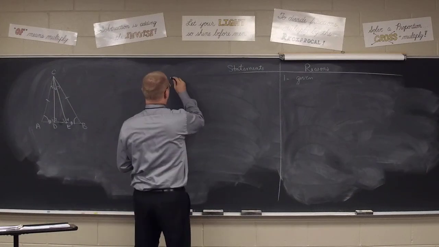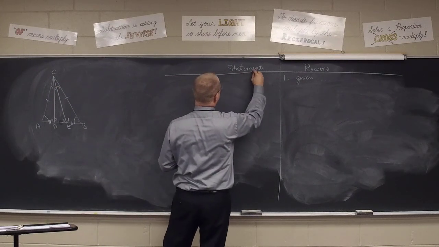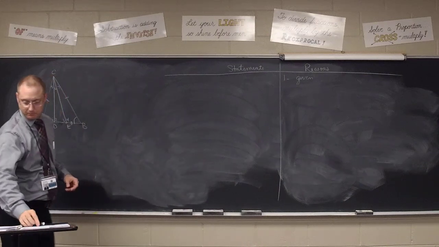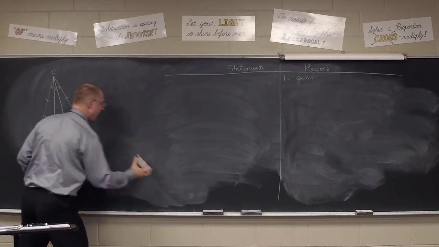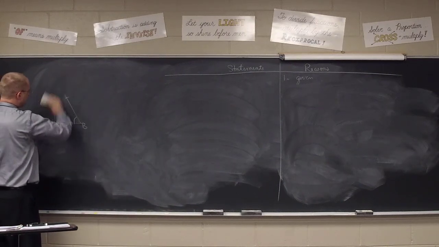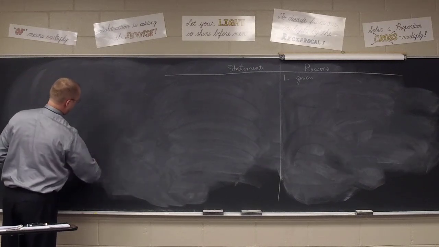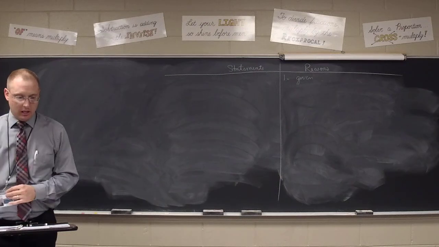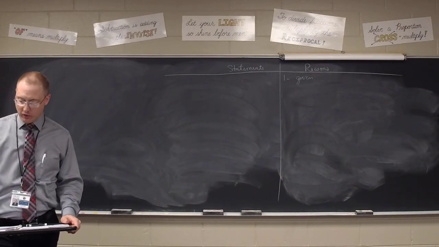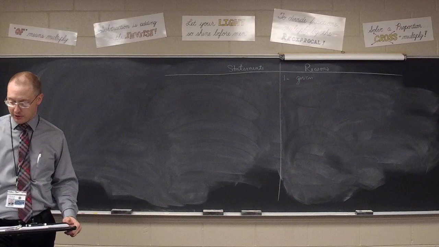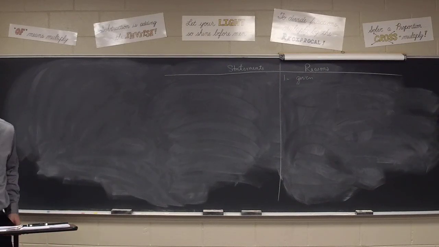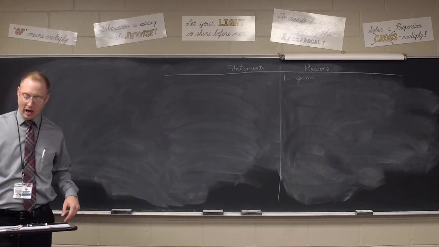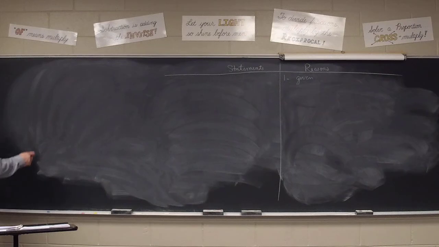Theorem 5, right below Theorem 4 in your notebook, says this. An exterior angle of a triangle is greater than either opposite interior angle.